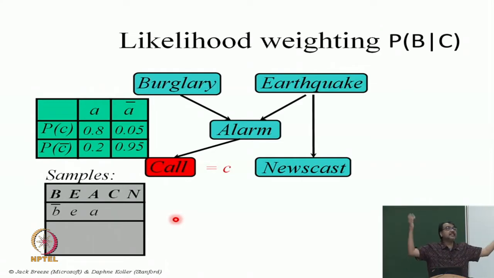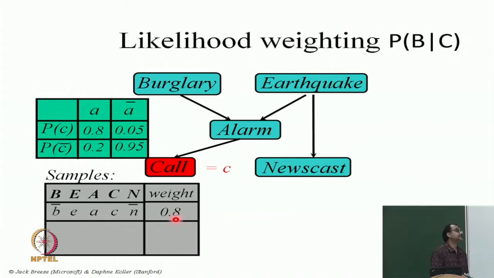If we had run rejection sampling, we would have sampled this, and 20% of the samples would have gotten rejected. So, actually if we do not sample it, then this sample is only worth 80%. It is not worth the full 100%, because we have already rejected some. So, we are going to say that C is true, we are not going to sample it, but with a weight of 0.8.